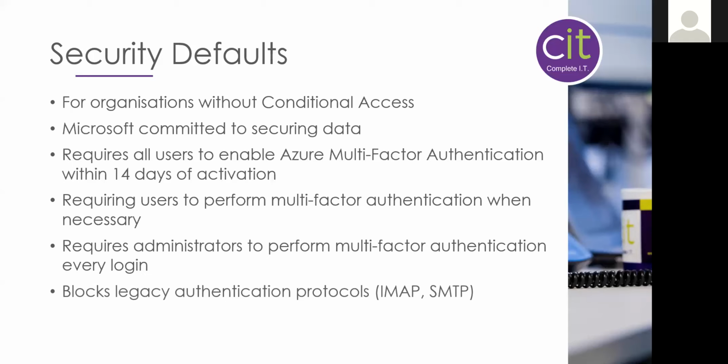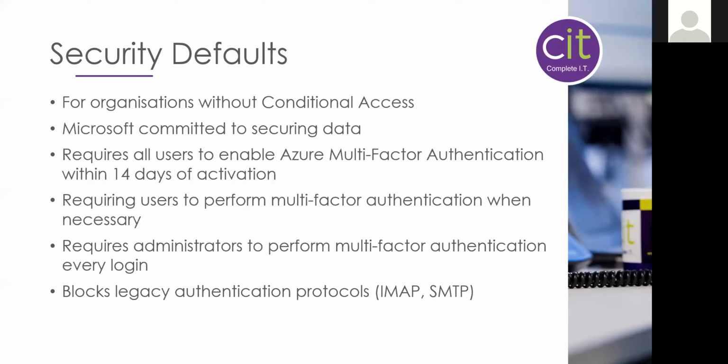It blocks legacy authentication protocols. So that's IMAP, SMTP, a couple of others in there. But essentially those old methods of authenticating with Office 365, they don't support 2FA. So security defaults will block those logins.